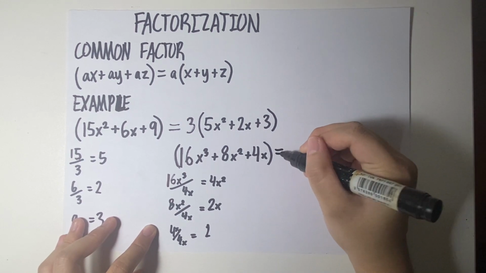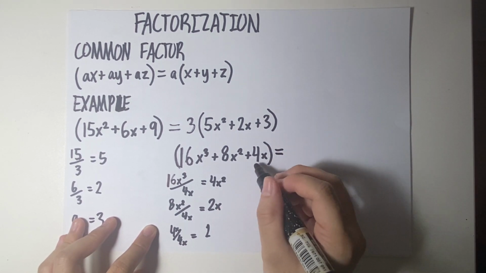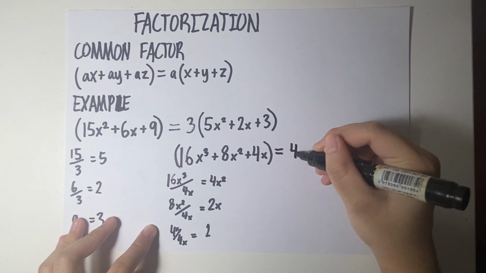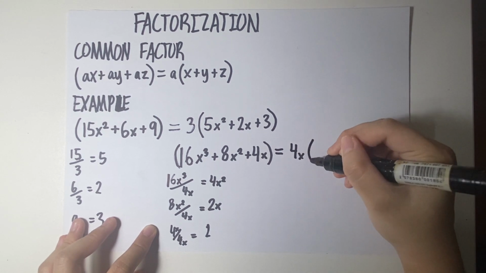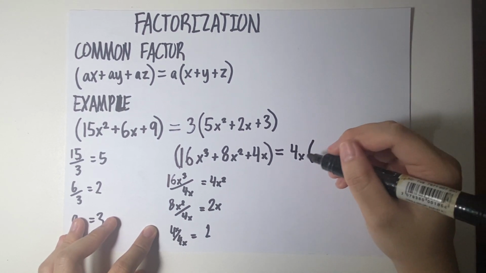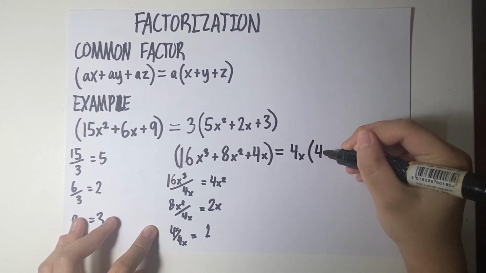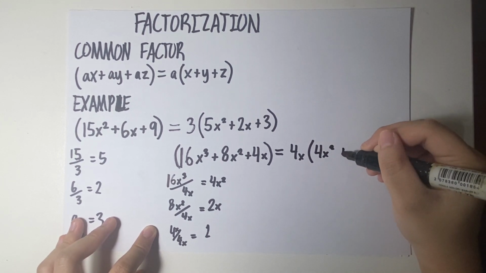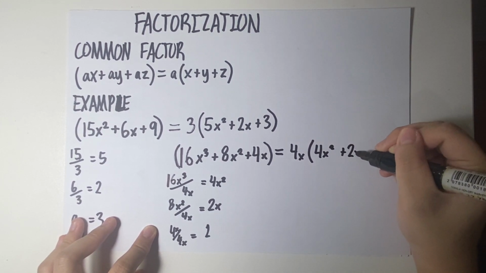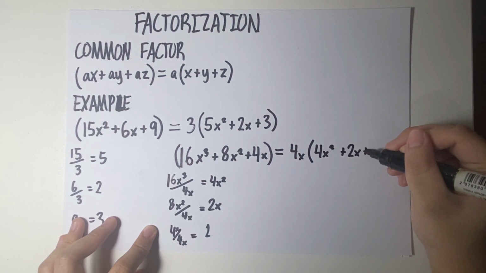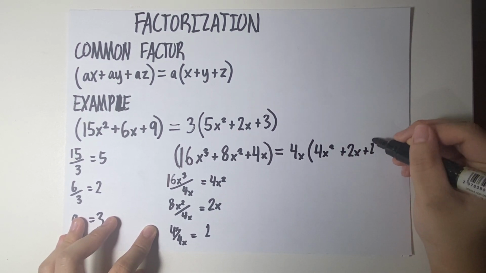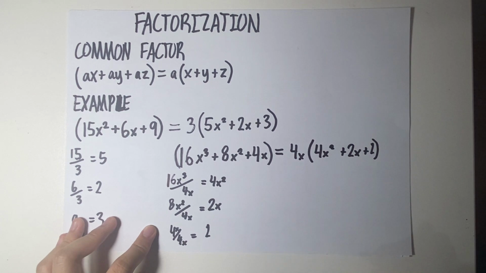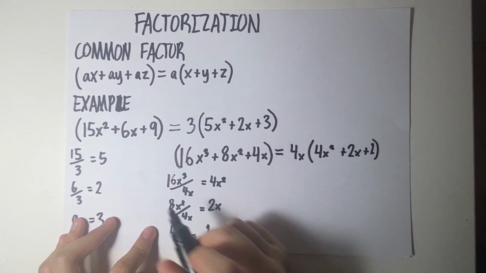So rewriting this bracket, we have factorized out 4x, and we'll just rewrite the factorized terms. So x squared plus 2x plus 1. So that is factorizing out the common factor.